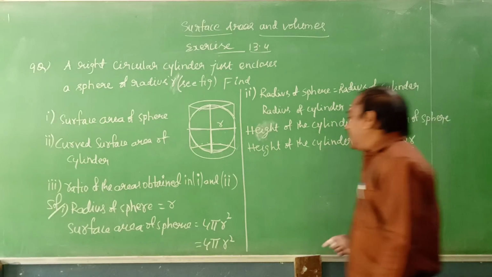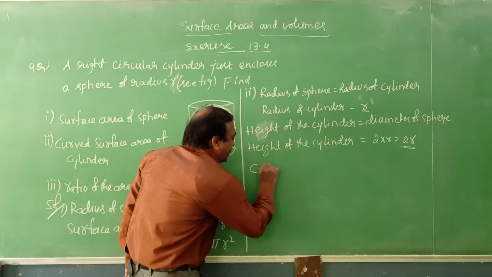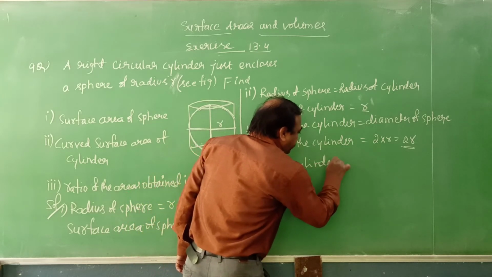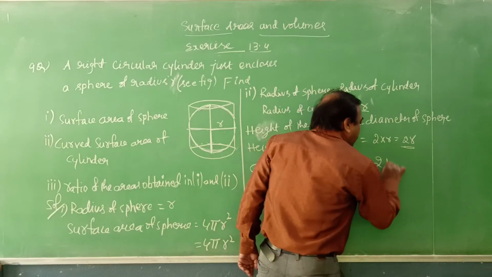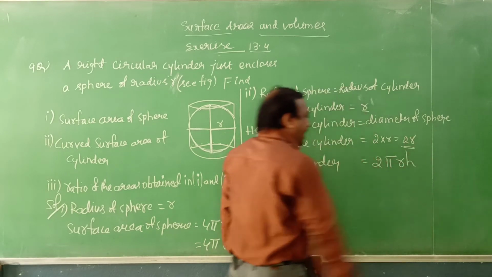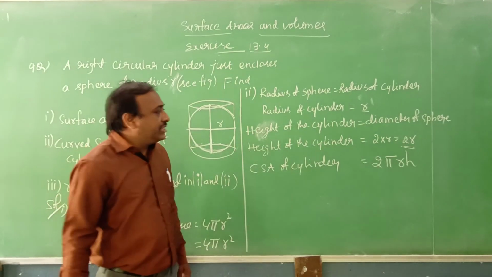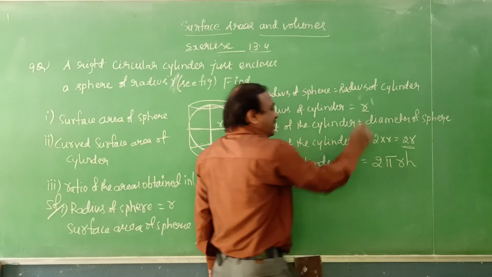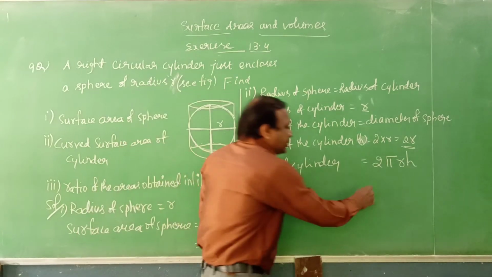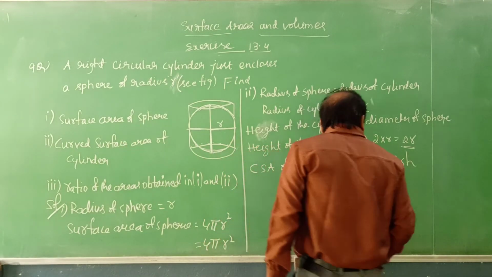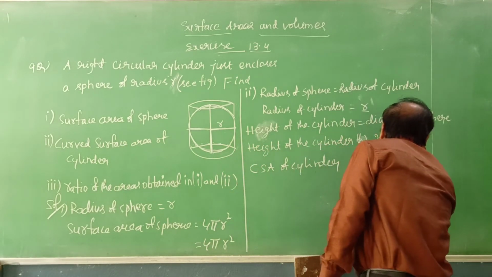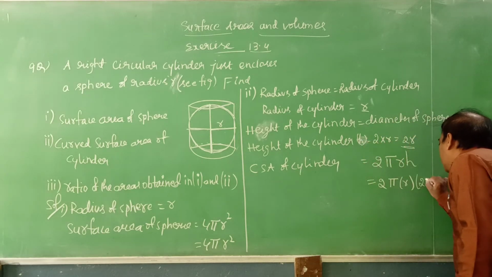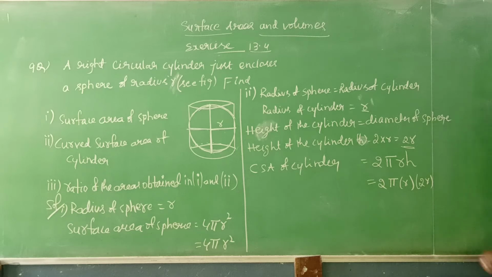CSA of the cylinder, curved surface area. What is the formula? 2 pi r h. This is the height of the cylinder and this is the radius of the cylinder. So 2 into pi into the radius r and the height, which is 2 times its radius, that is 2r.